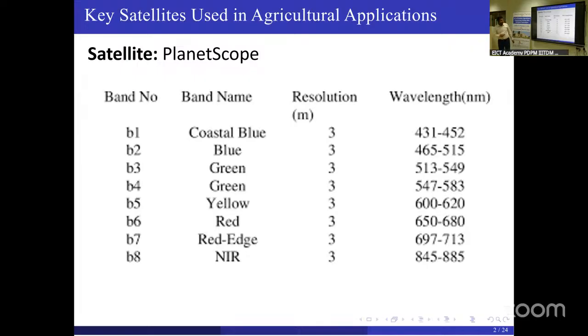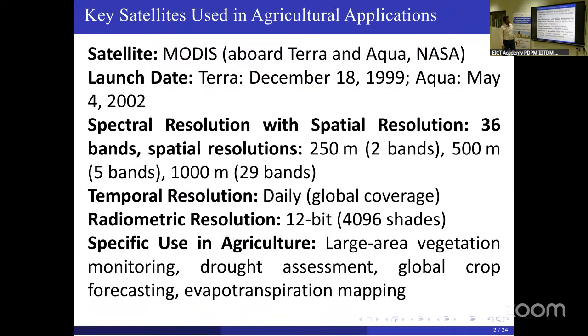Okay, so another one is the MODIS. Very few people are using this MODIS data, though it is also open source. What we are having are 1000 meter, 250 meter, and 500 meter spatial resolutions.